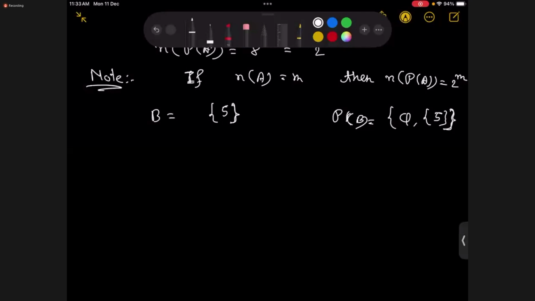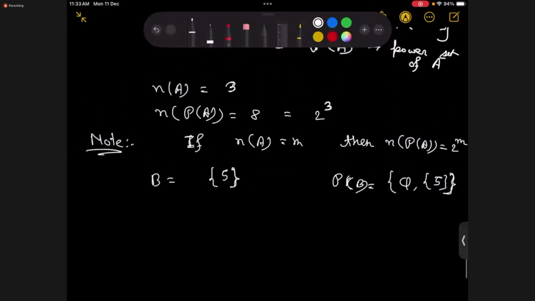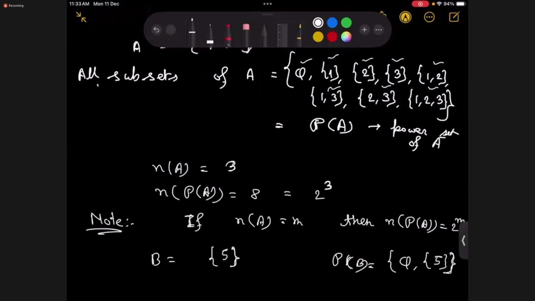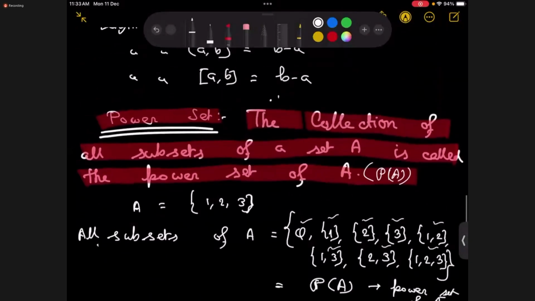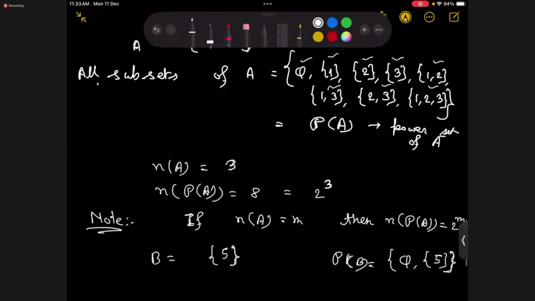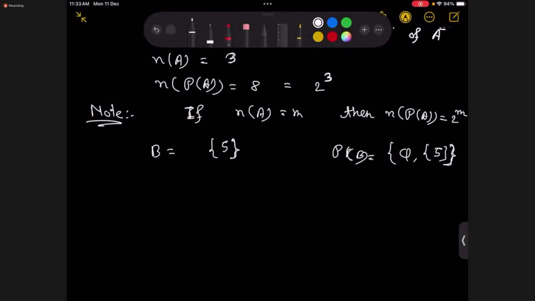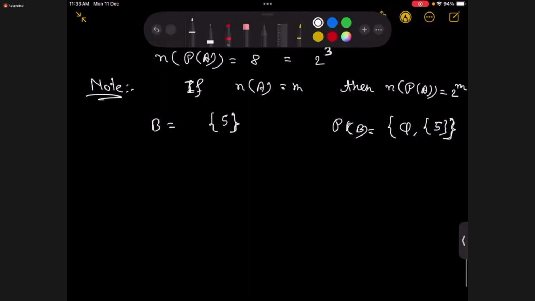But if we don't know that, we write an open bracket or third bracket to denote interval kinds of things. Also, you can check that as n of B equals 1, n of P of B equals 2 to the power 1, which is nothing but 2.